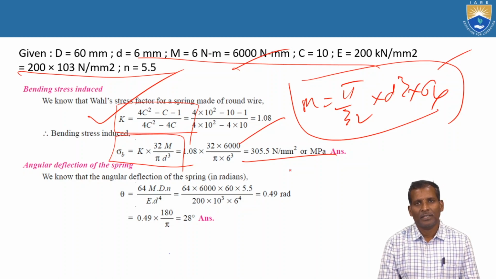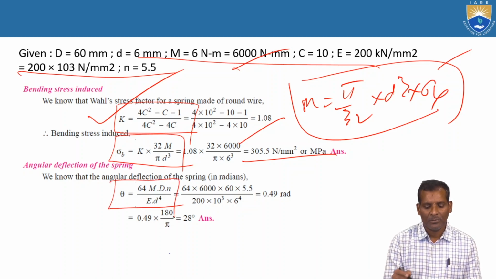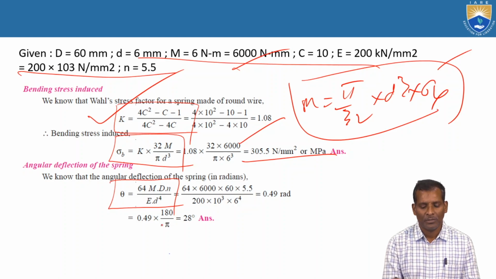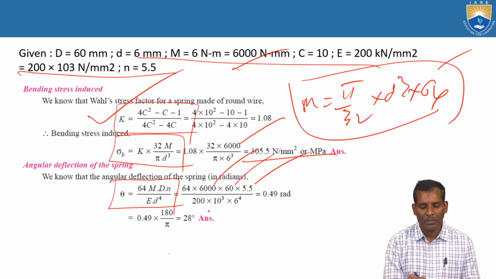The angular deflection of the spring theta you may calculate by using the relation 64 M D n upon E into d to the power 4. Here n is the total active turns, so the effective turns are given here, n is 5.5. M is already known, D and d are known, all values are given.